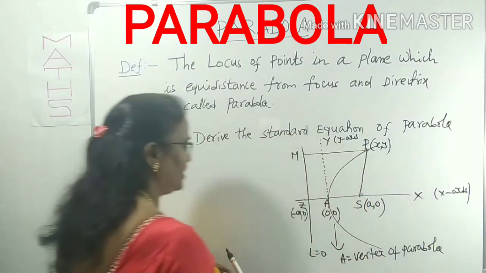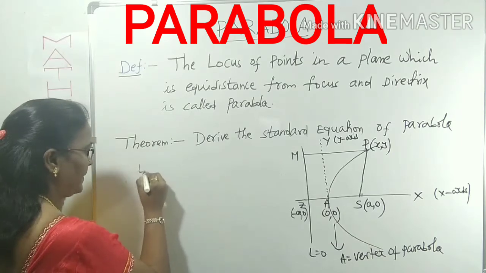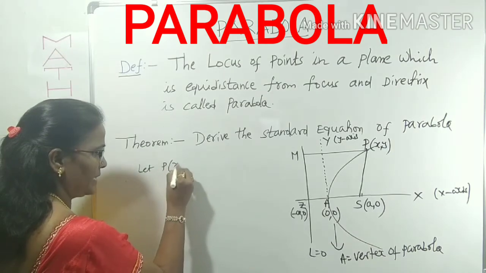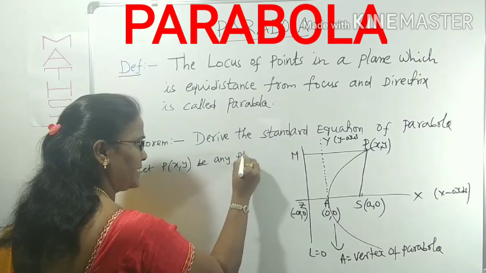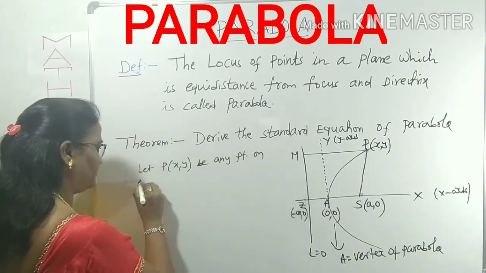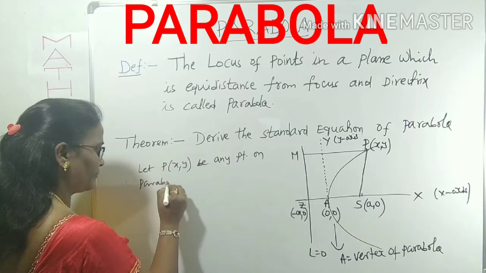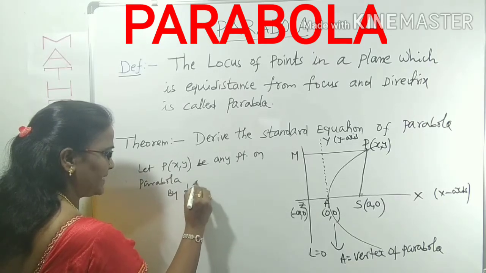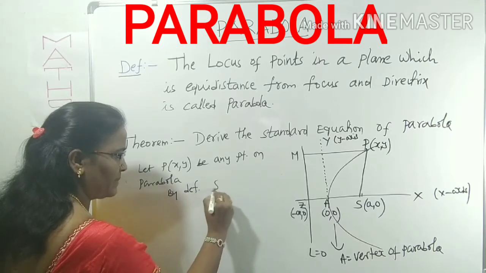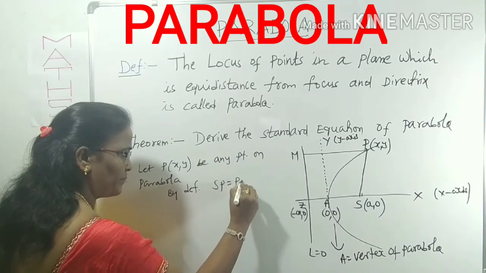So now what we have to take: let P(x, y) be any point on the parabola. By definition of parabola, what is equal? SP is equal to PM.